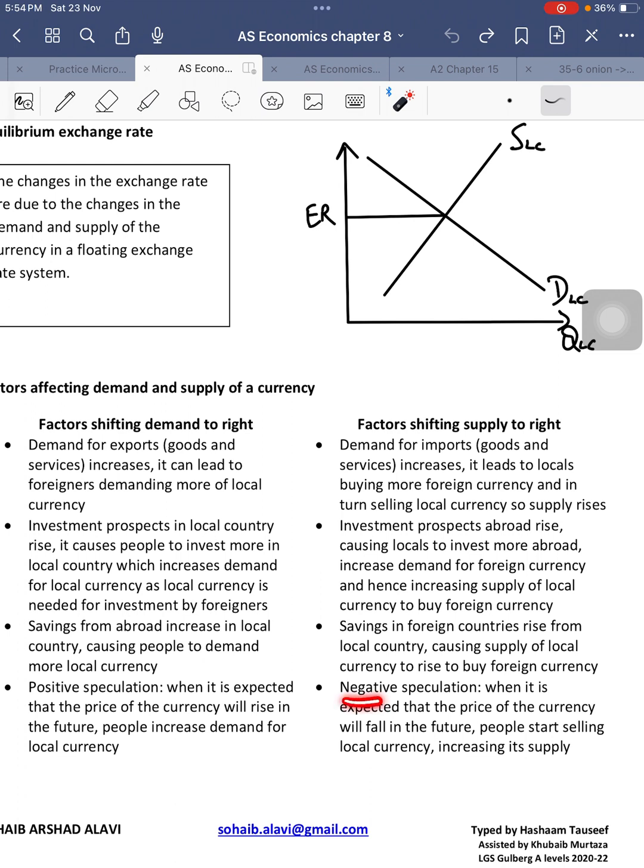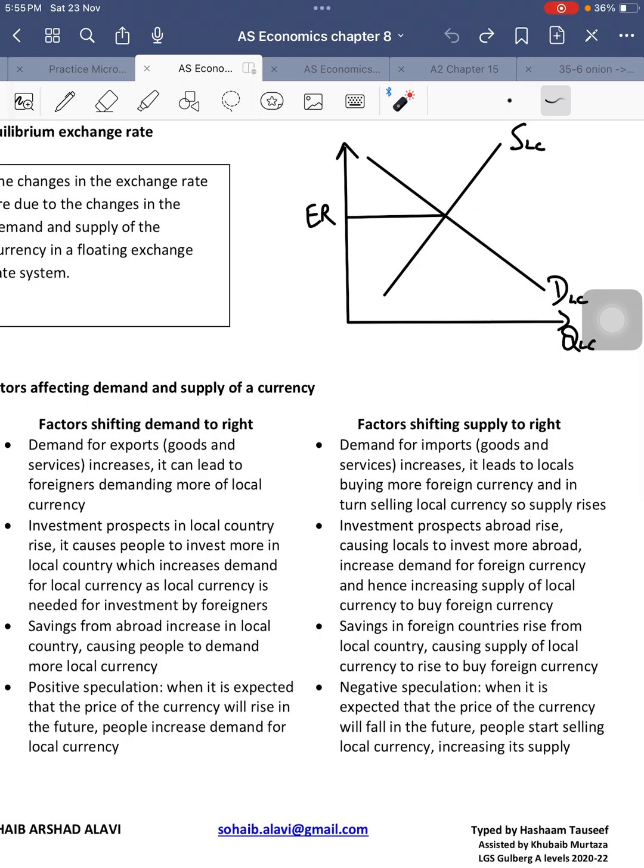And number 4, negative speculation. Negative speculation is when we're expecting the price of an asset to fall. So before the price of that asset falls considerably, we tend to sell it. So if we expect the price of the rupee will fall in the future, we'll sell the rupee instantly.